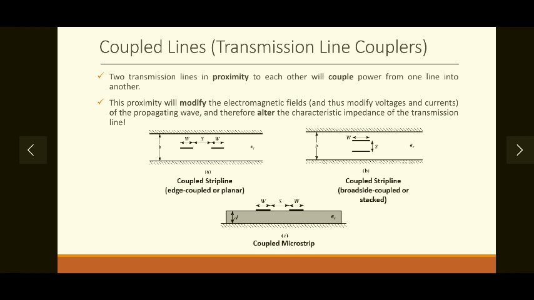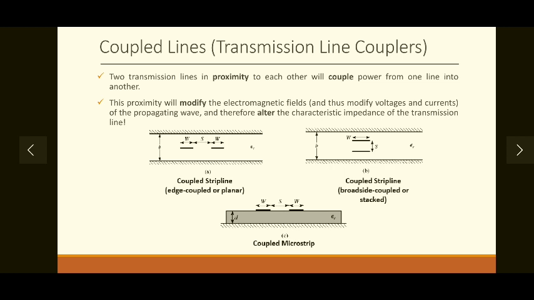When waves are propagating at microwave frequency through the strip line or microstrip line, when there is more than one strip or microstrip, then this proximity will modify the electromagnetic fields, and because of modification of the EM field, it will also alter the characteristic impedance of the transmission line, because change in the electromagnetic fields will change the voltages and currents involved with that field.